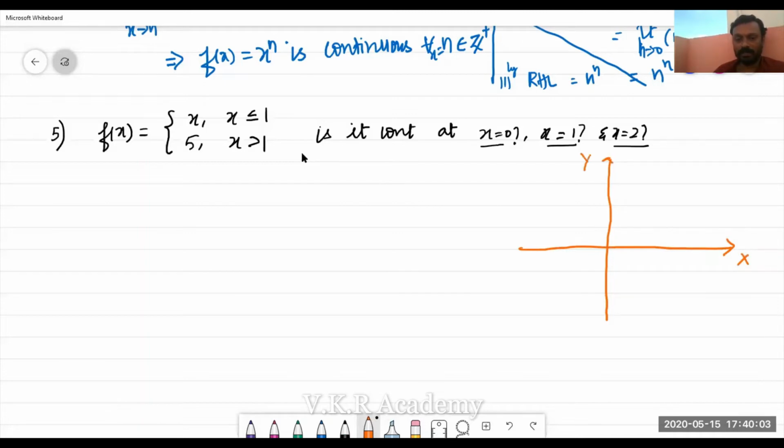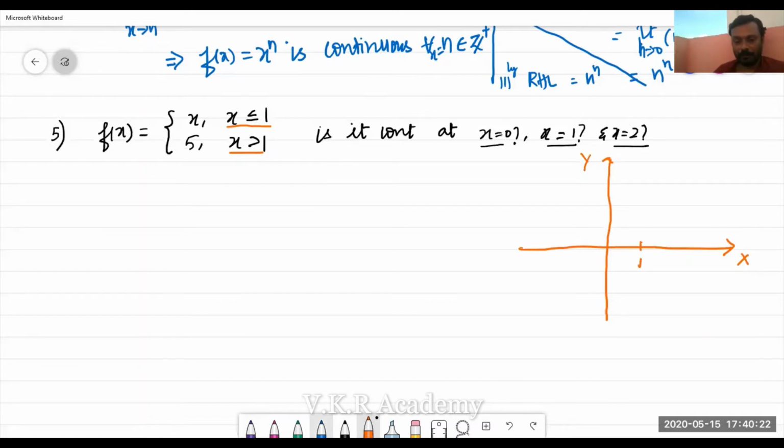Take the x-axis and y-axis. The function is piecewise defined. For the values less than 1, f of x is equal to x. So mark the point 1 on the x-axis.